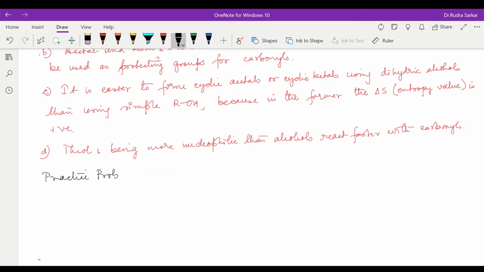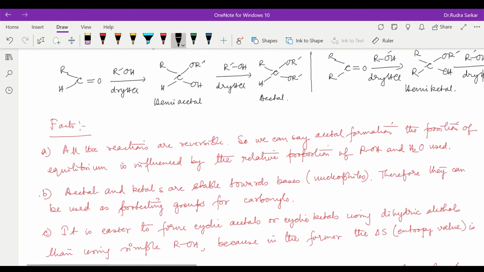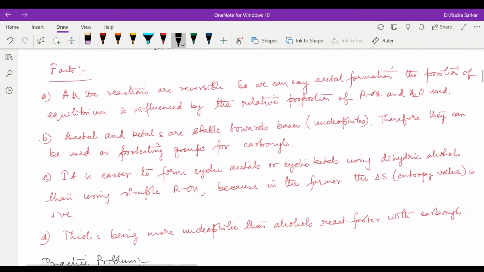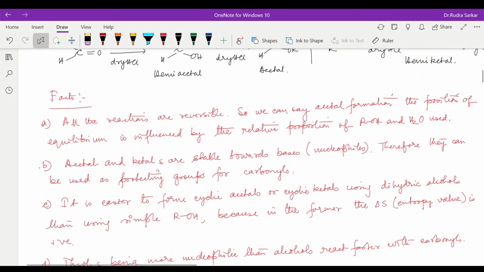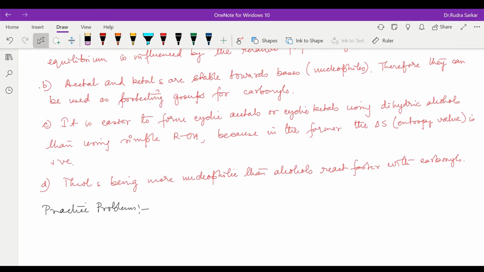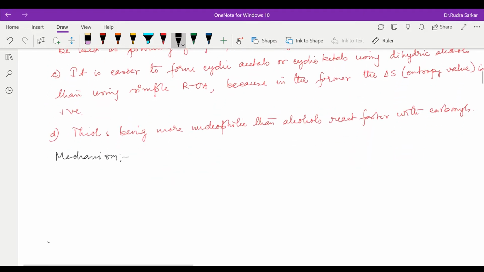Now, instead of going with the mechanism by which it is formed, I'm going to show you something which is much easier. So let me first discuss the mechanism, and then I will show you the technique that I'm going to use. So the mechanism by which this reaction occurs is as shown below.